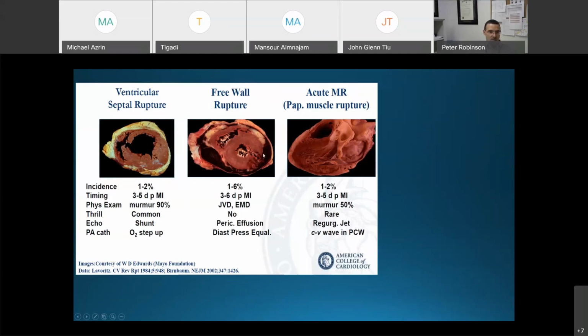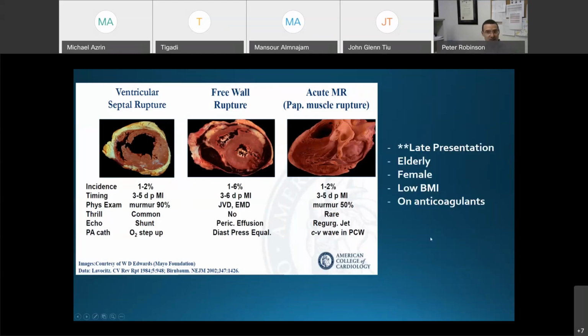They'll just have some blood in there, but they haven't died just yet. Trying to pick up on that and being aware of it, because of their late presentation, whether or not they're revascularized, you can actually save someone's life. So be aware of it.